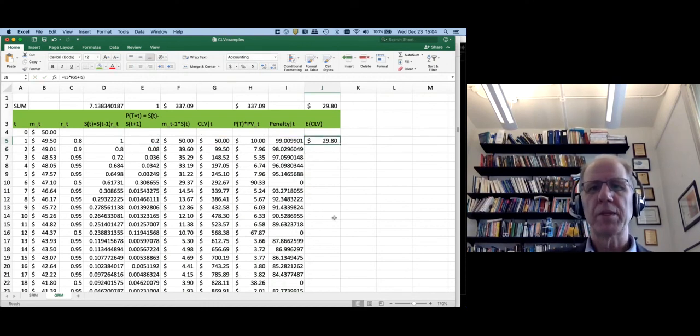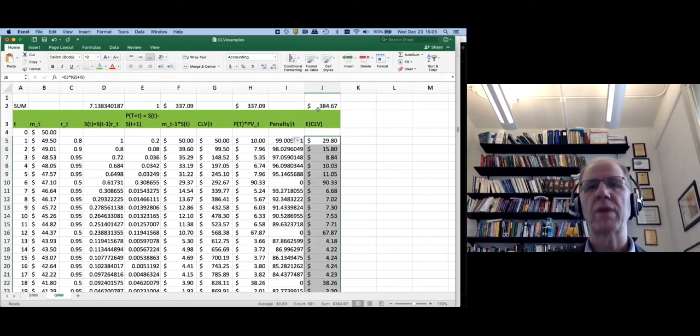And if I copy this down, I should be getting a number that's a little bit more than $337. But it should be, I'm going to guess a bit more than this. So let's go see what happens. So it looks like the lifetime value goes up by about $50 or so if we have this penalty with it.